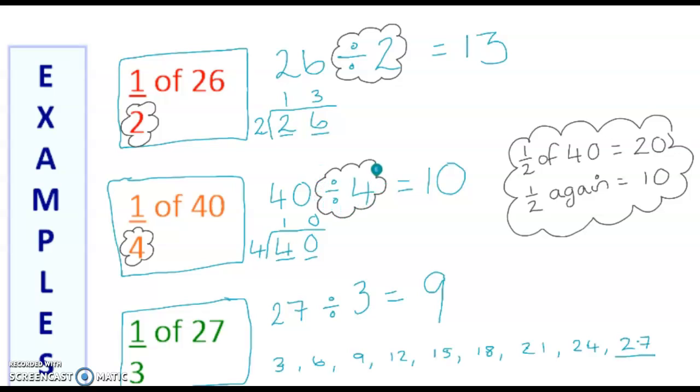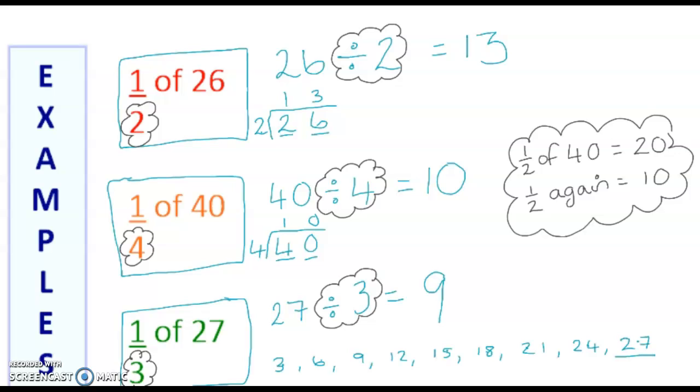And to find a third, I divided by 3. What do you think I would need to divide by if I wanted to find a fifth?